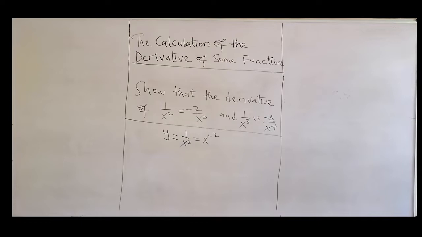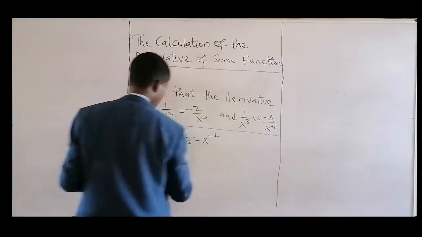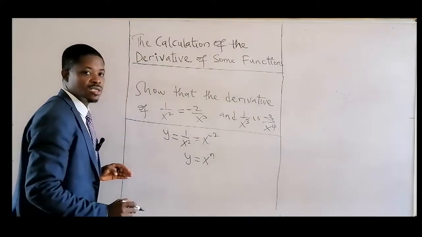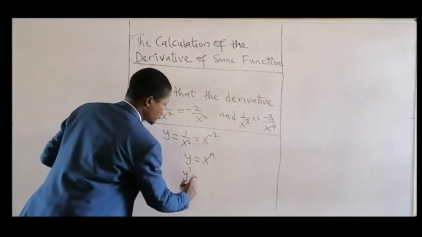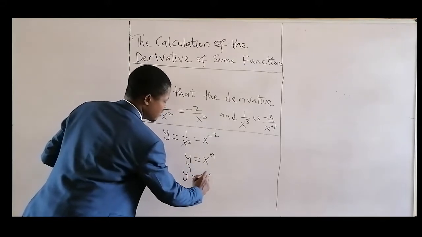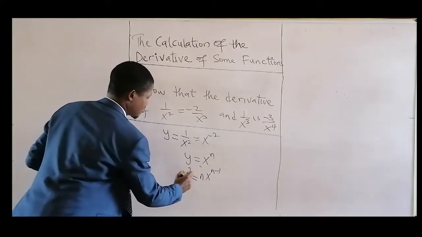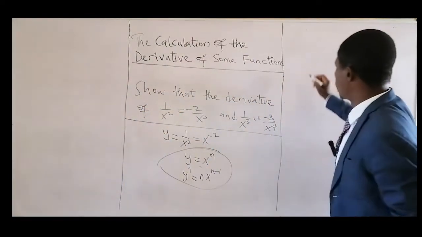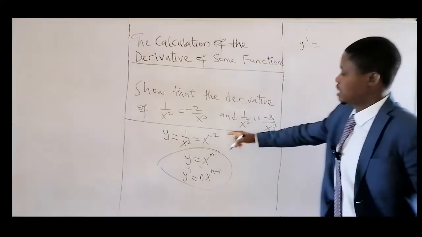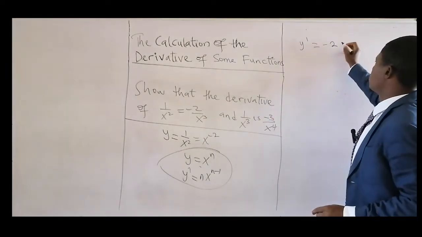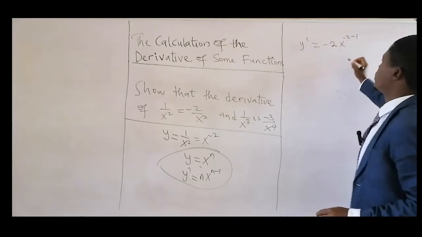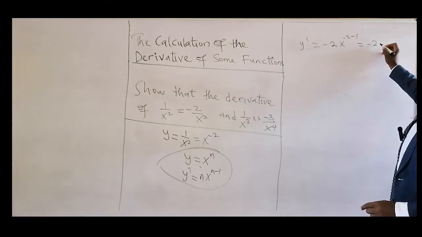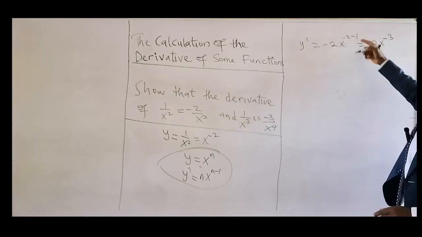Once that is established, you can go to your rules, your law. The law says that if y equals x to the power n, then y prime will equal n x to the power n minus 1: the n comes to the front, then you subtract 1 from the power. So in this case, dy/dx will be equal to minus 2 going to the front, times x to the power minus 2 minus 1, which is minus 2 x minus 3.